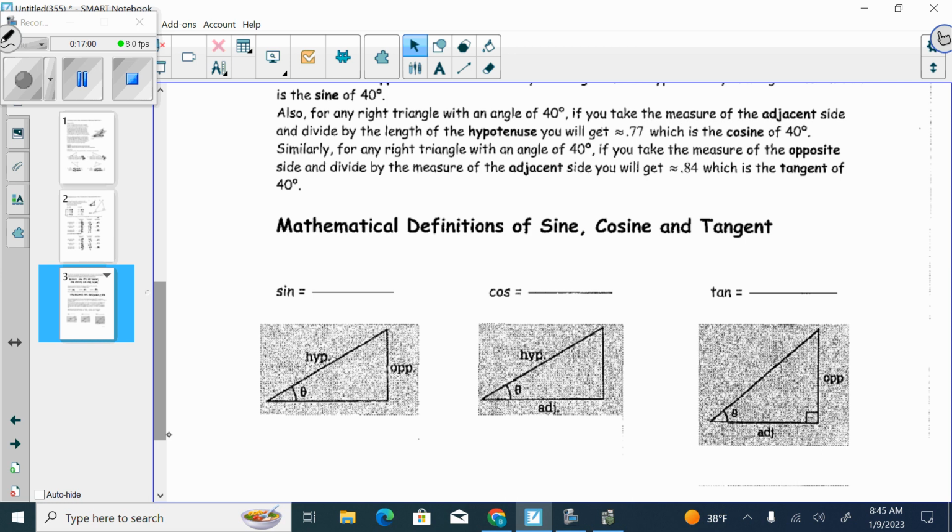Okay? So, that being said, our ratios that we will always be setting up to find either the missing angle or a missing side are going to be from sine, cosine, and tangent.